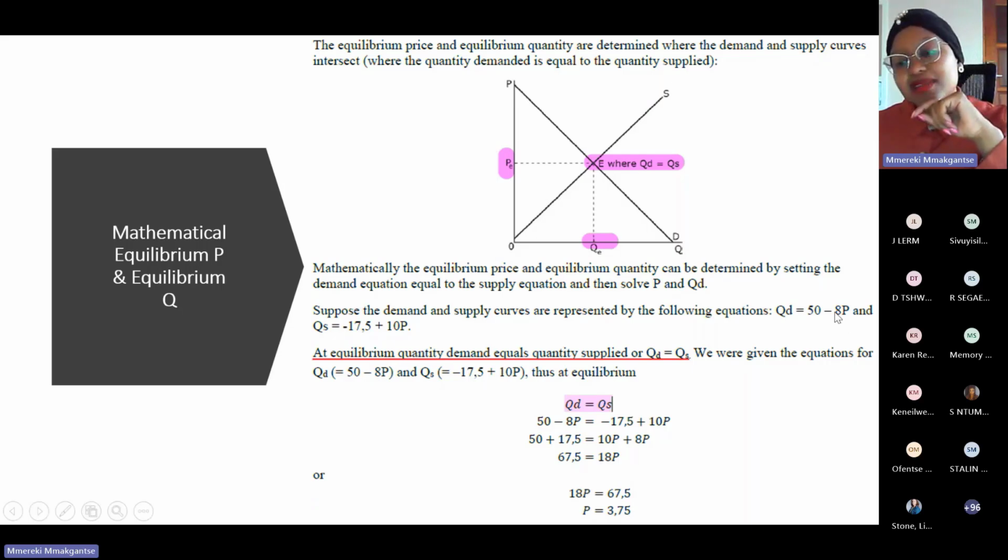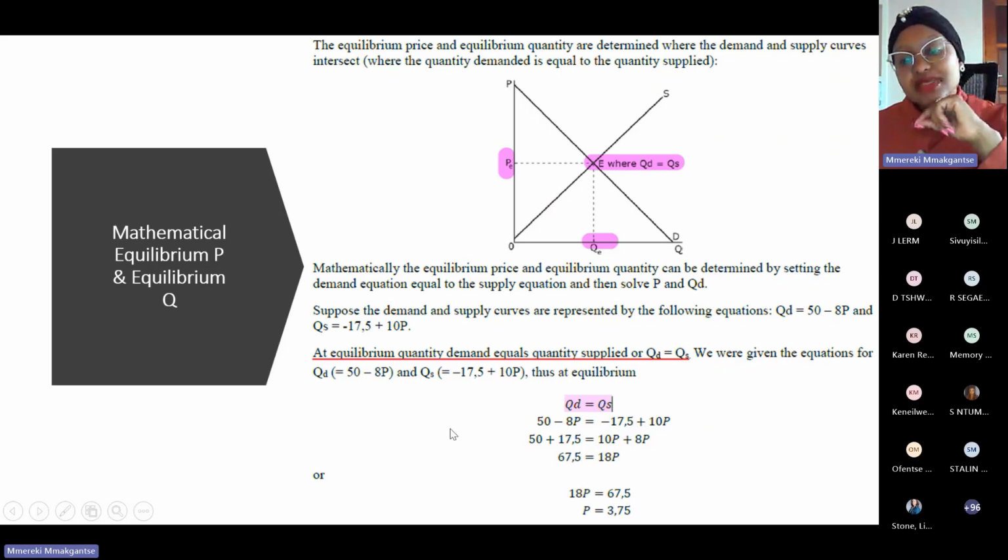The one with a minus is the demand, because there's a negative relationship between price and quantity. So our QD, quantity demanded, is 50 minus 8P. And quantity supplied is negative 17.5 plus 10P.